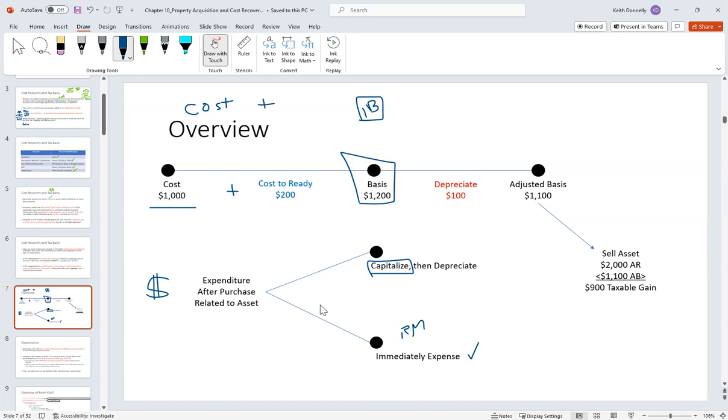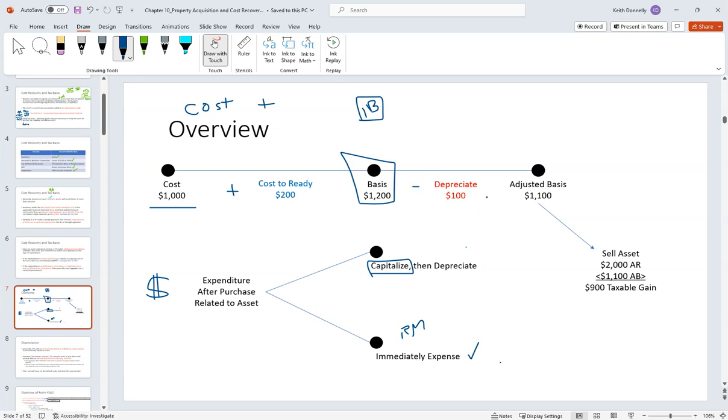This would be obvious if it's tested on the exam. If it's a small part or something, we're just getting it cleaned, expense that. If we need to replace the entire inside of the machine, it's a giant change, a giant improvement, that would be capitalized.